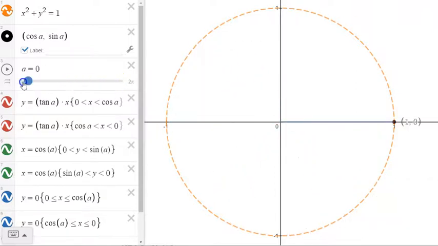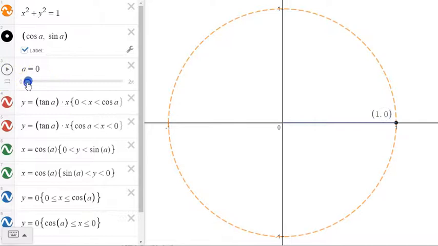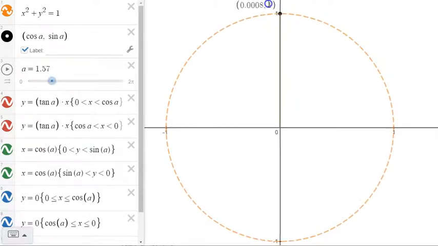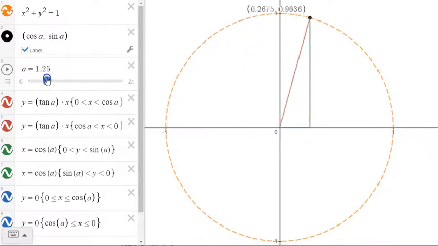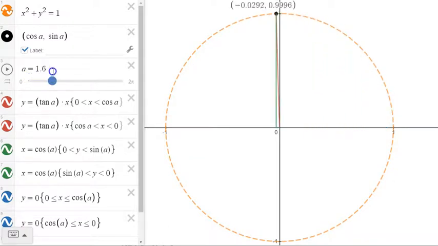In quadrant 1, notice we're starting off with a sine value of 0. And as we sweep our way up to pi on 2, we get a sine value of 1. So what we can see in quadrant 1, we're increasing from 0 to 1.